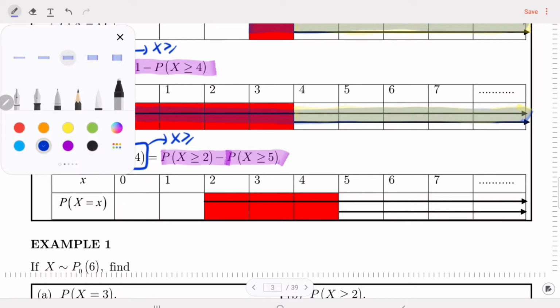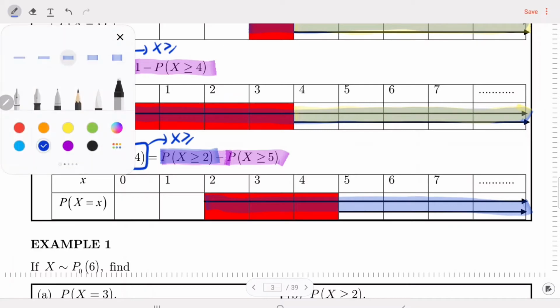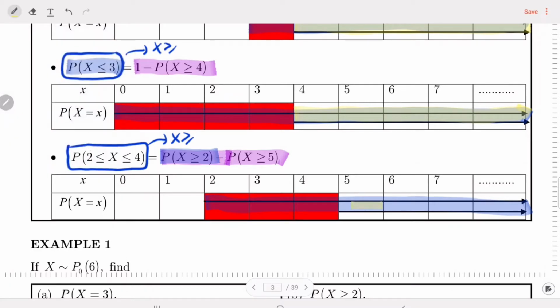This is because P(X ≥ 2) means that we add up the probability starting from 2 until infinity. And then, since we only want the probability from 2 to 4, we need to minus it with the probability from 5 and above. So we're going to be left with the probability from 2 to 4.